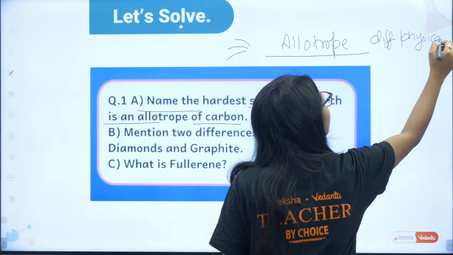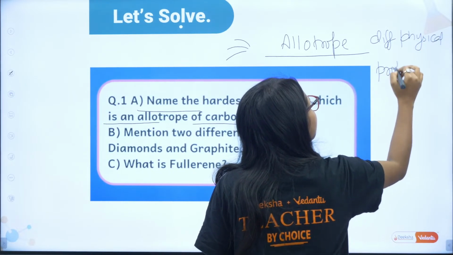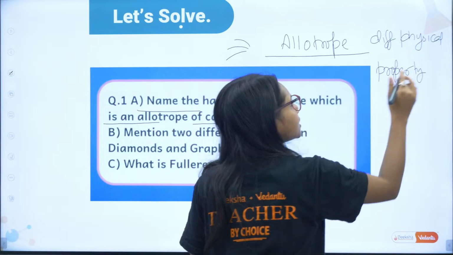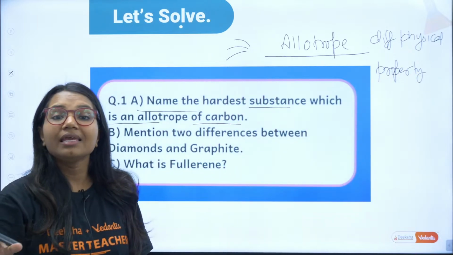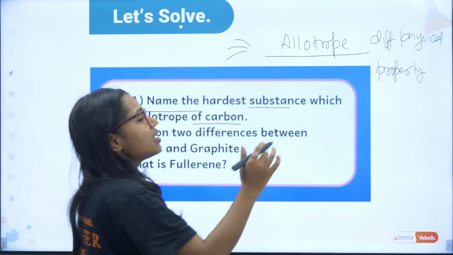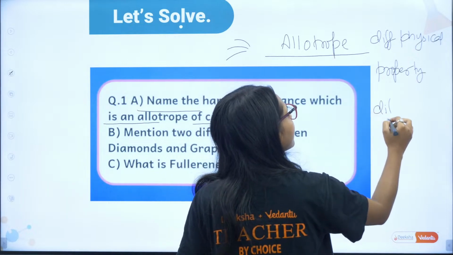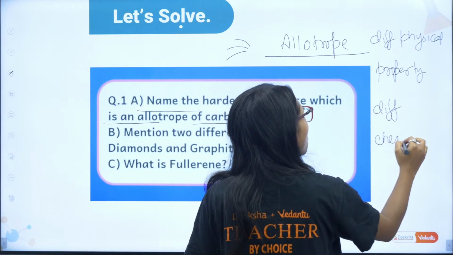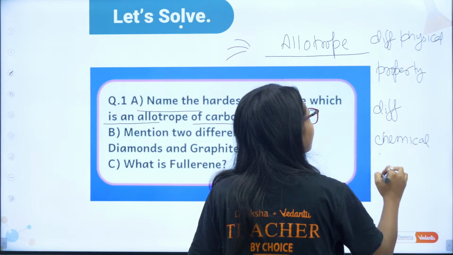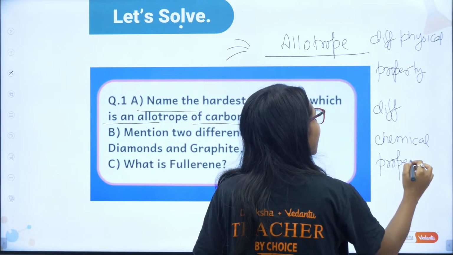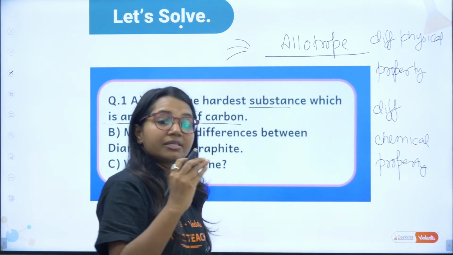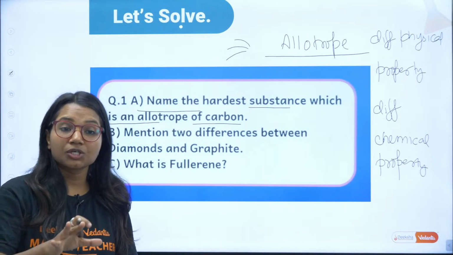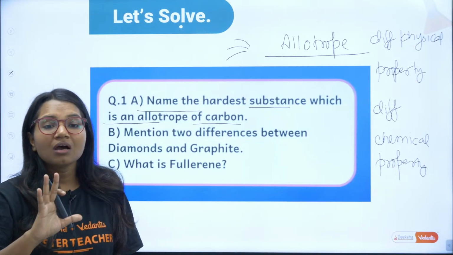What is the meaning of physical property? Appearance wise, they are going to be completely different. They will also have different chemical properties. What do I mean by chemical property? For example, different allotropes will react differently with different reagents.